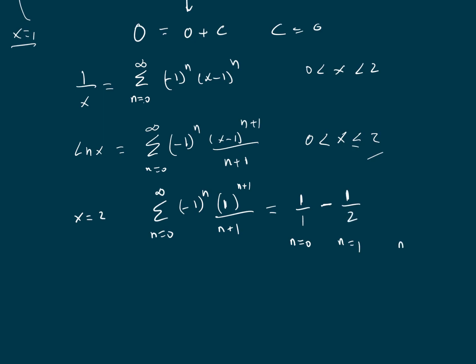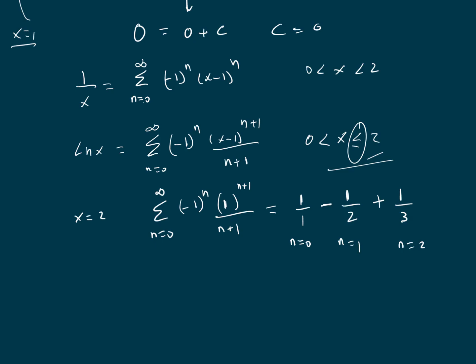When n equals 2, it will appear plus, because n equals 2 means minus 1 squared, which is positive. 1 raised to the power 3 is 1, plus 1/3. Oh, this is an alternating series, so we gain the point. So this is the interval of convergence.